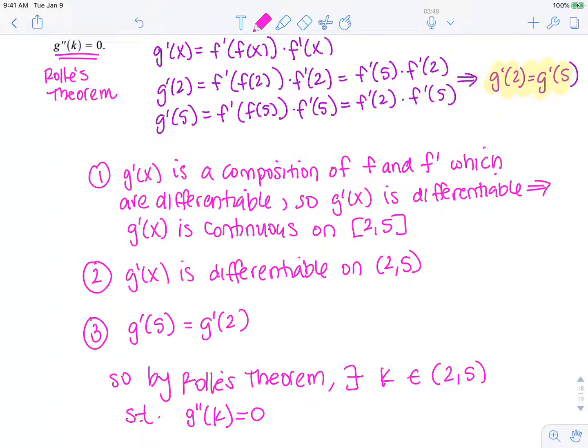So notice, since we were trying to show that the second derivative was equal to 0, we were always using the first derivative in our 3 steps to use Rolle's theorem.